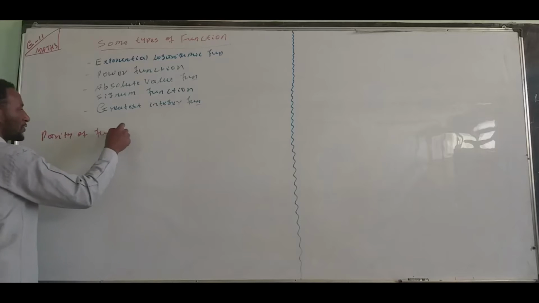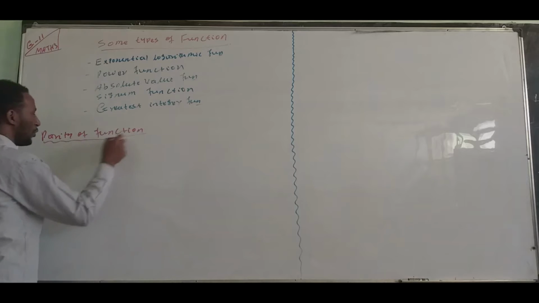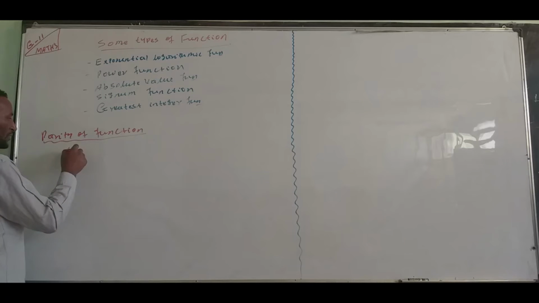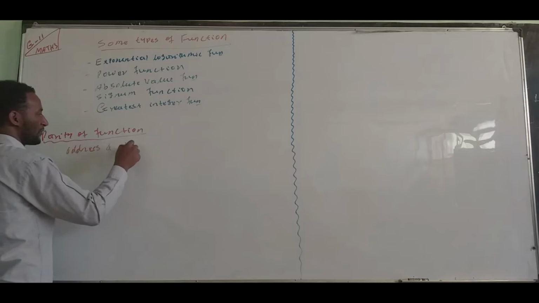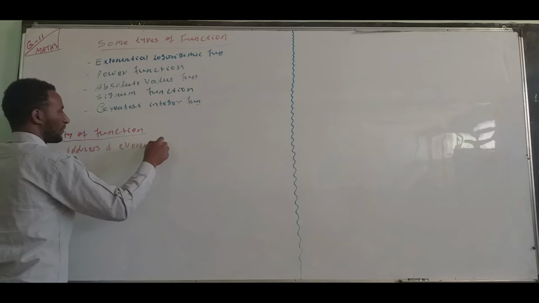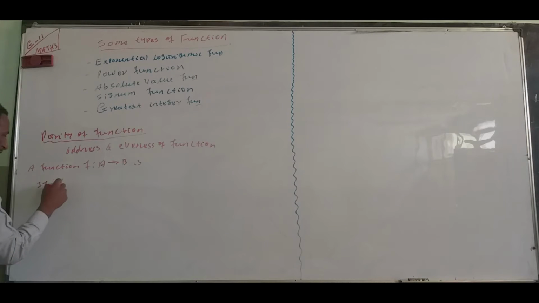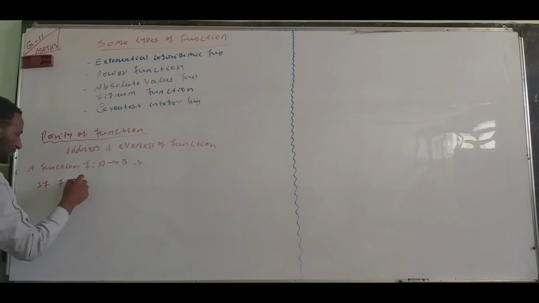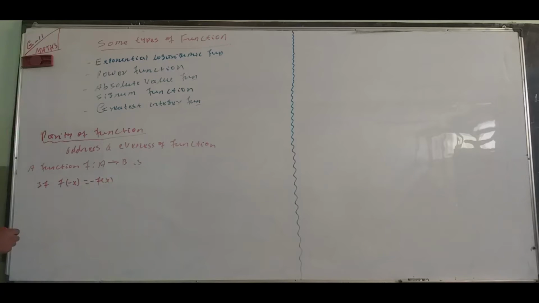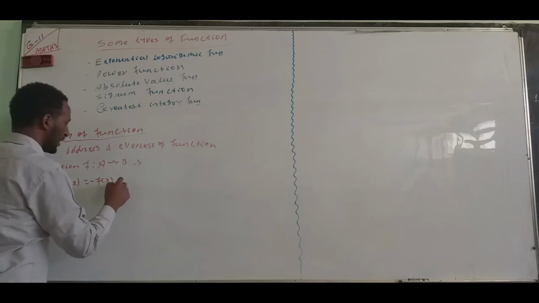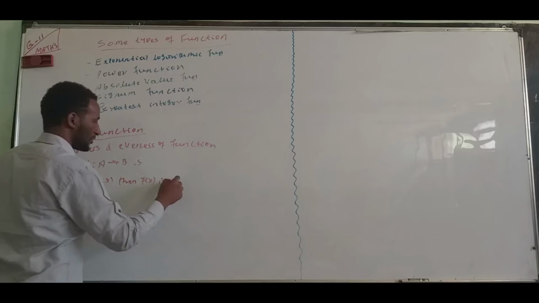Parity of function. Parity of function means oddness and evenness of a function. If f of negative x is equal to negative of f of x, then f of x is odd.